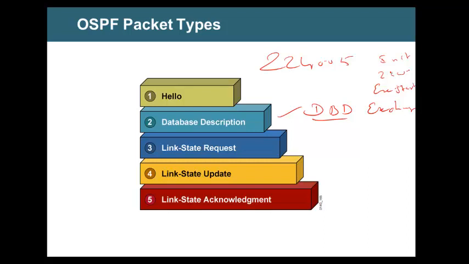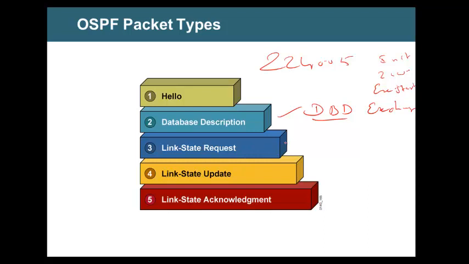And then they send acknowledgement for LSR, LSU, DBD. For all this, every now and then acknowledgement is also sent. After a point of time, there is nothing to learn. They are fully synchronized. That is called full state.